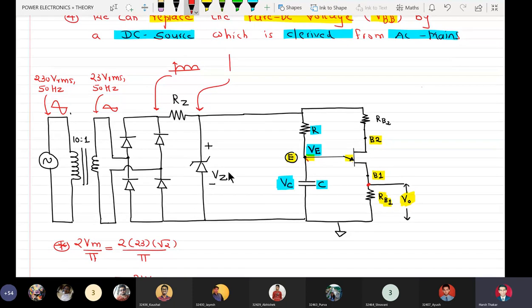For example, if Vz chosen is 10 volts, the Zener breakdown voltage is 10 volts, then the waveform coming here will be clipped at 10.